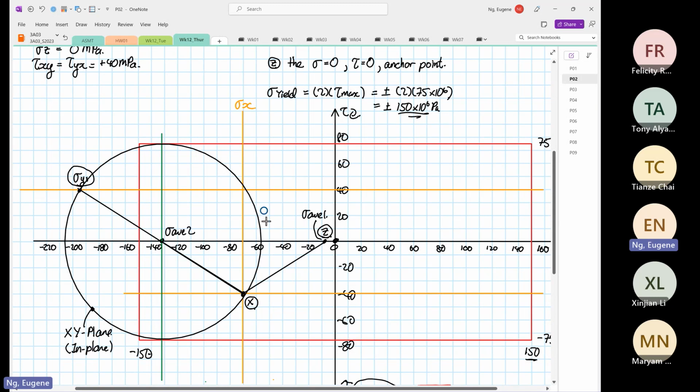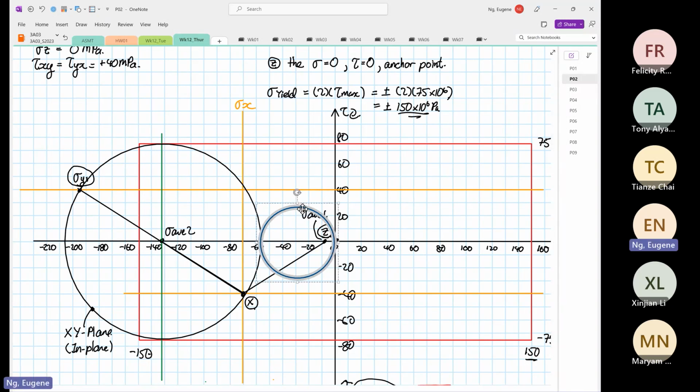Yeah, how I wish I could use my compass. Okay, it's so much easier. And I think I will not waste too much of your time. It's just drawing circles. Right. So this is not so bad.